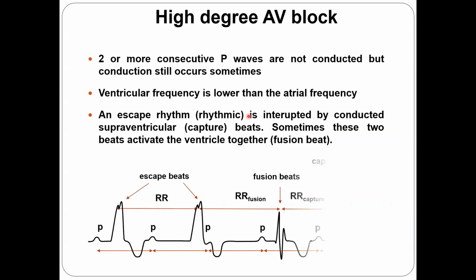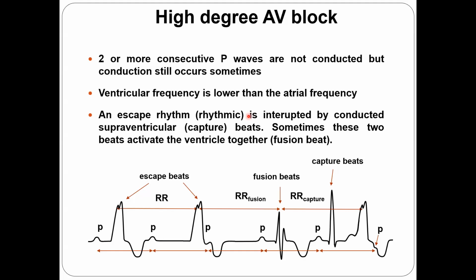High degree blocks. Now, that's a little bit difficult to understand. First of all, most of the time, or some segment of this ECG is rhythmic. Because if we do not have conduction between these two points, it means that the ventricle cannot contract.